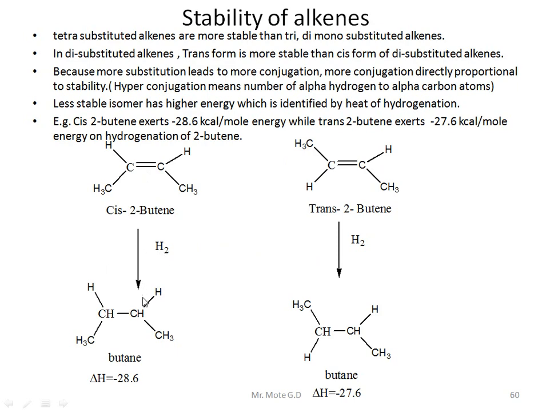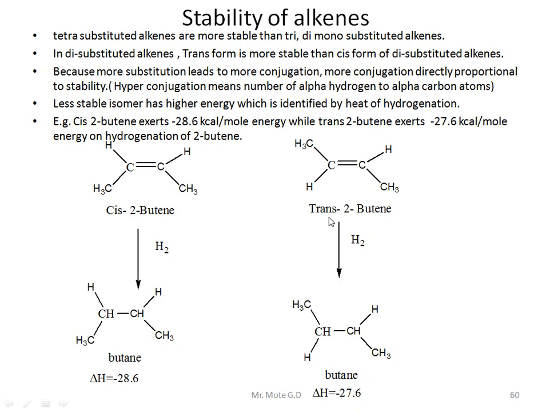Addition of hydrogen produces energy, that is 28.6 for the cis-butene, and addition of hydrogen to the trans-2-butene produces butane and energy 27.6. So as a comparative study, cis-butene on hydrogenation gives 28.6 energy, and trans-2-butene gives 27.6. So lesser energy will be produced by the trans-2-butene.